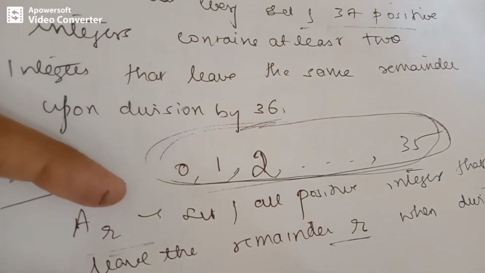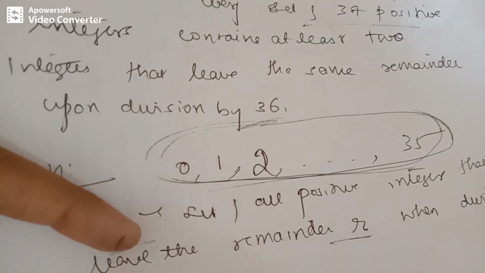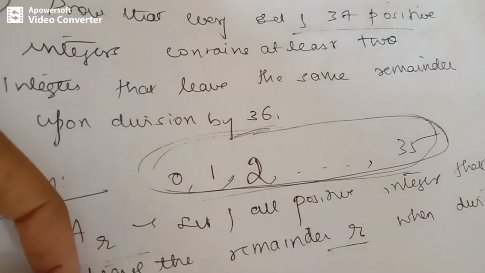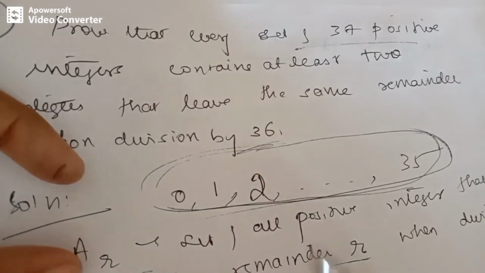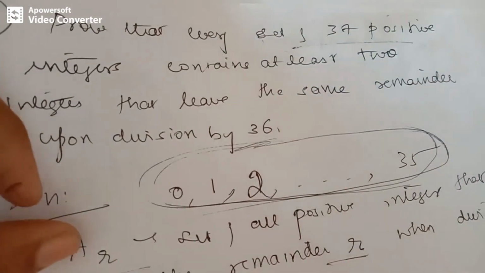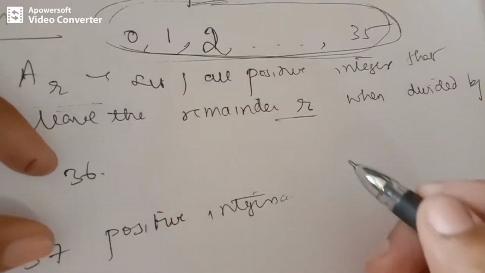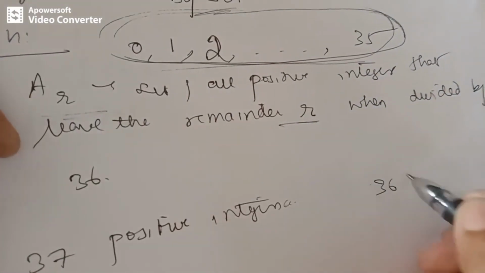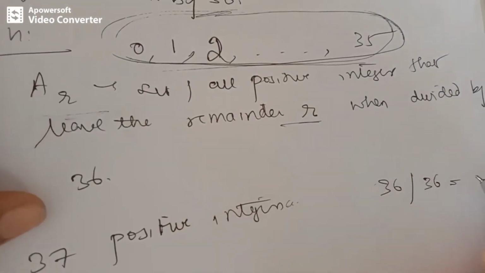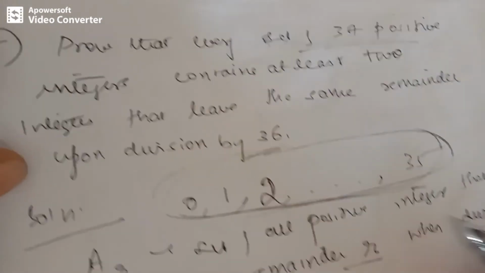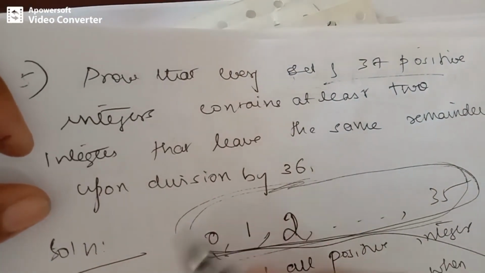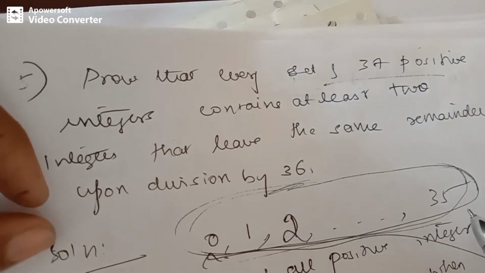And next, if you take 37 positive integers, as the question asks, then if you take the value 36 and divide it by 36, obviously the remainder is 0. So it falls into the same category of the set which is already taken.